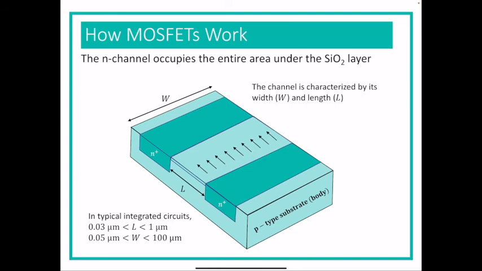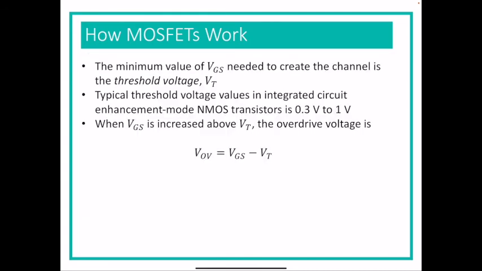The minimum voltage we need to create a channel is the threshold voltage, and the values are typically about 0.3 to 1 volt for NMOS transistors. One other parameter that you need to know going into the next section is what happens when we increase the gate to source voltage above the threshold voltage, which we can do.